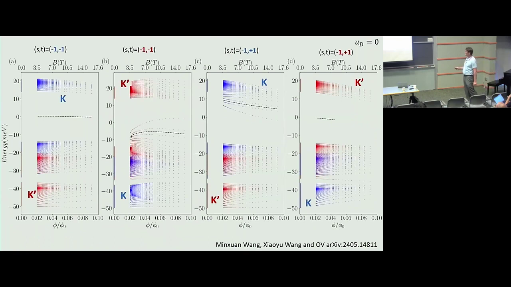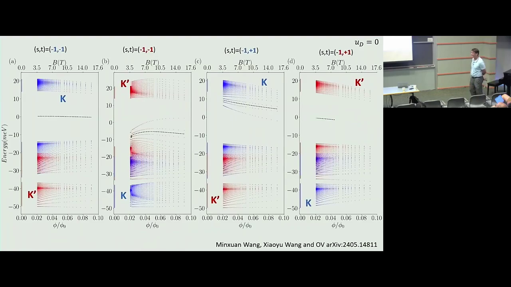Again, this is a bit of a busy plot, but it shows the result of a self-consistent calculation for twisted MoTe2 in the presence of an electric field. And there are two candidate states that you can consider at -1, -1.